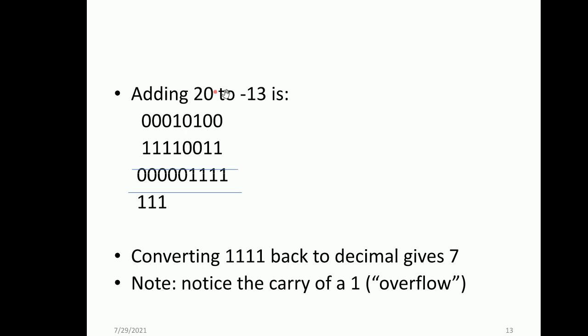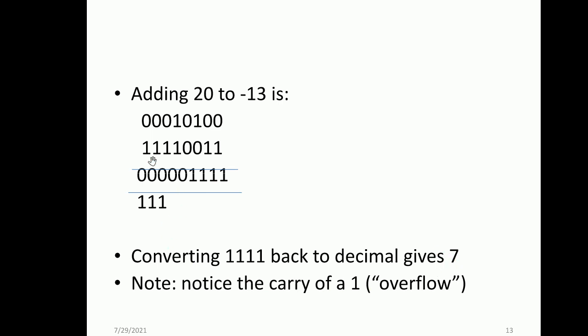So adding 20 to minus 13 is the result of adding these two numbers together, which is 000001111. And converting 1111 back to decimal gives you 7.